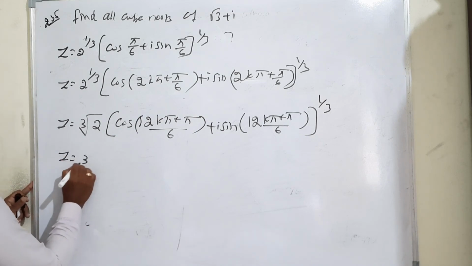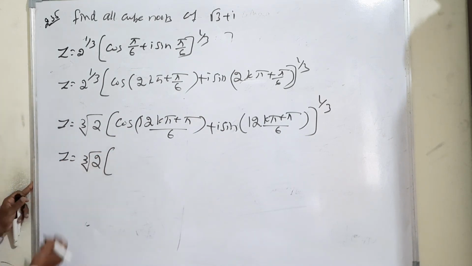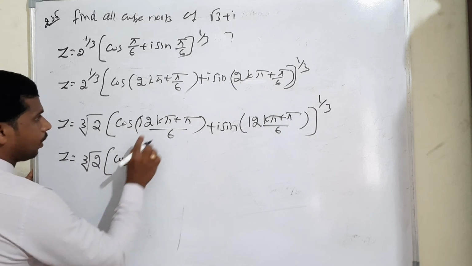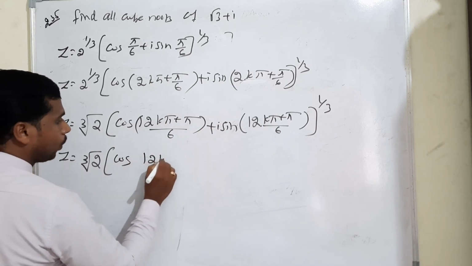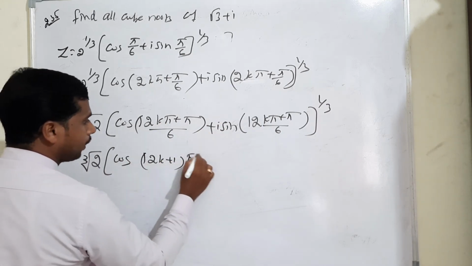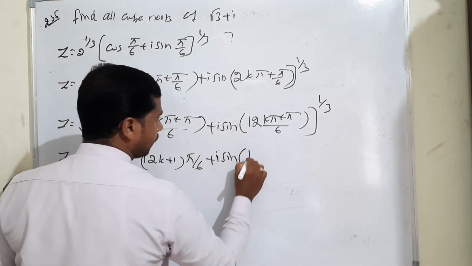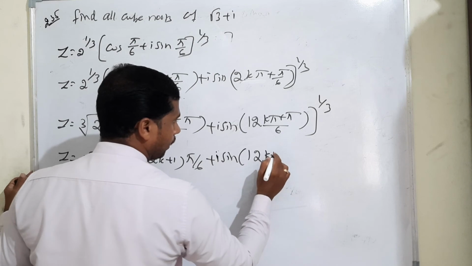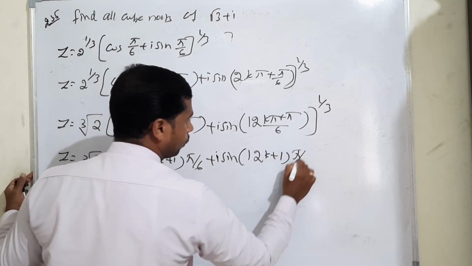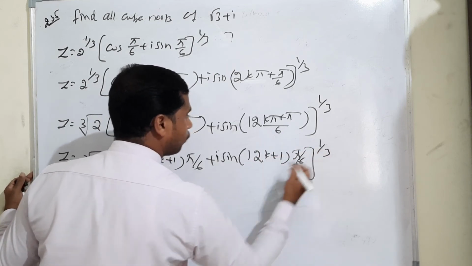Again z is equal to cube root of 2, cos of, taking pi common, 12k plus 1 outside, pi by 6, plus i sin of 12k plus 1 outside, pi by 6, the whole power of 1 by 3.